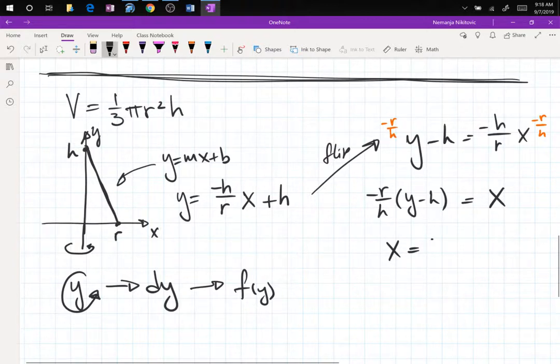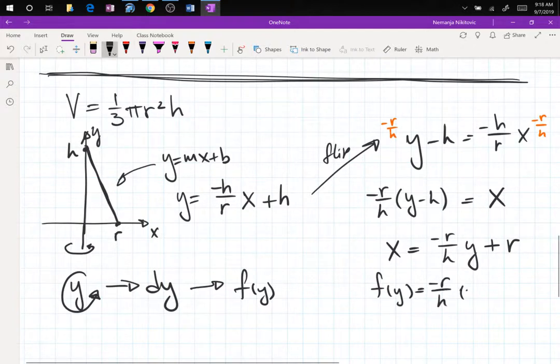So now this is going to be negative r over h times y. Negative and negative give me positive, h and h cancel, so it's just r. So we flipped the formula, and now I have x equals, which is actually f of y, equals negative r over h y plus r.